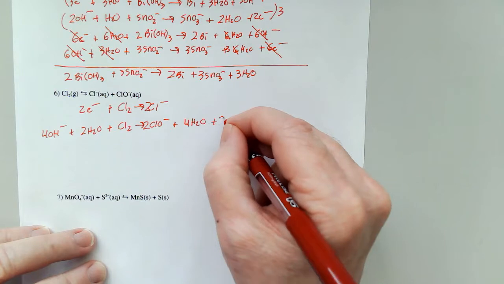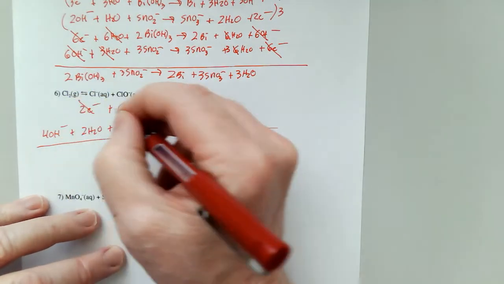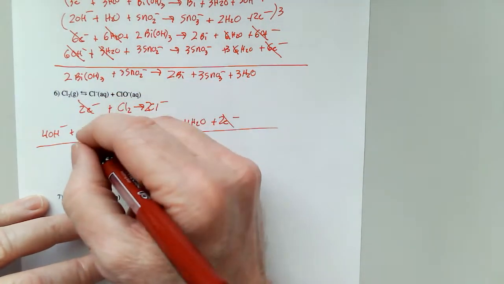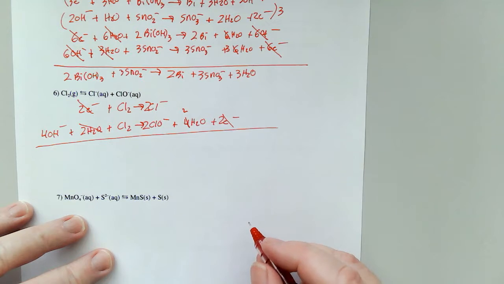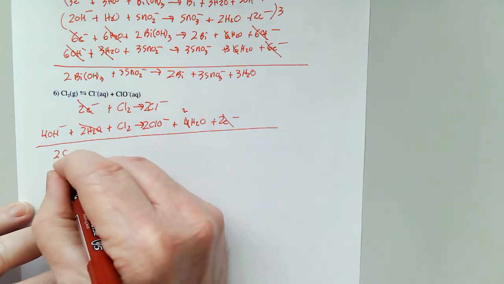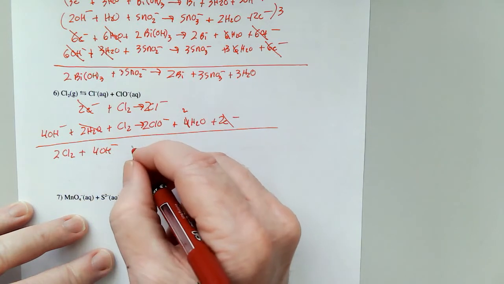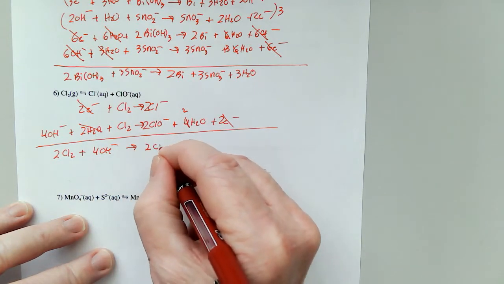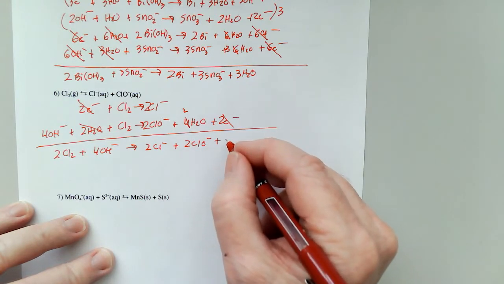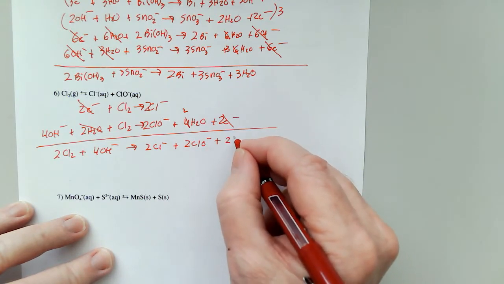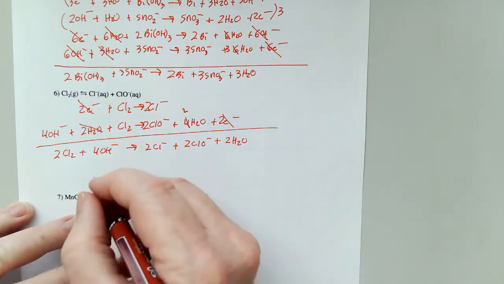All right. Electrons, it's going to be 2 electrons over there. The 2 electrons cancel. But so do these 2 waters make that into a 2. Okay? So I've got 2 Cl2 plus 4 OH minus gives me 2 Cl minus, 2 ClO minus, and 2 H2Os, which I can simplify by dividing everything by 2.